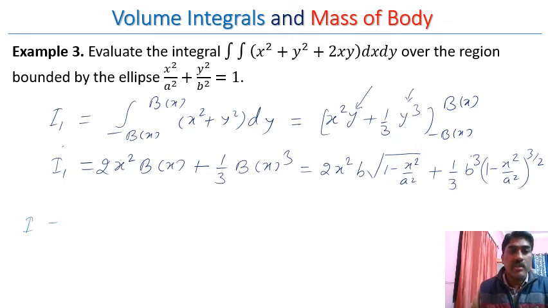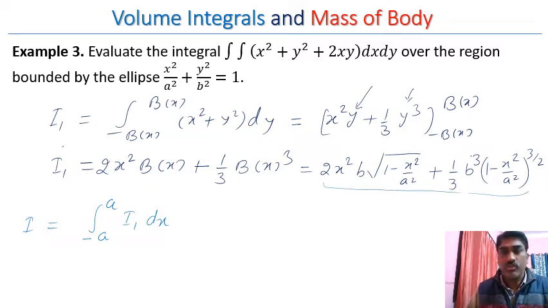So I is equal to the integral from minus a to a of I1 dx, and I1 is this complete part, so you need to put this whole thing inside.